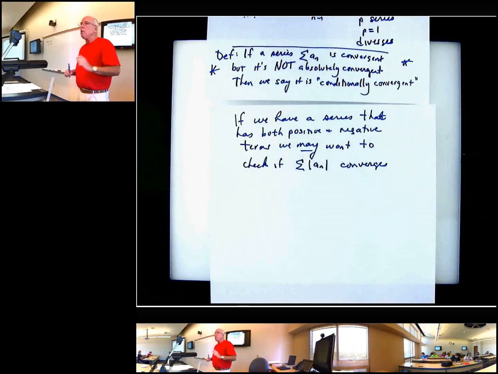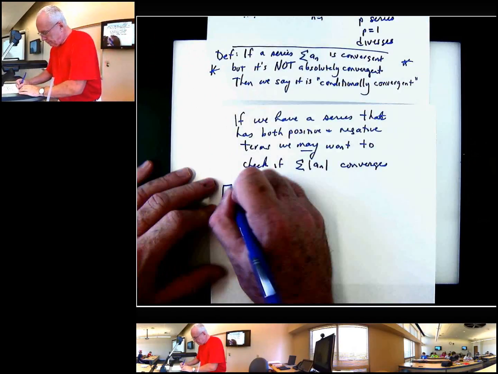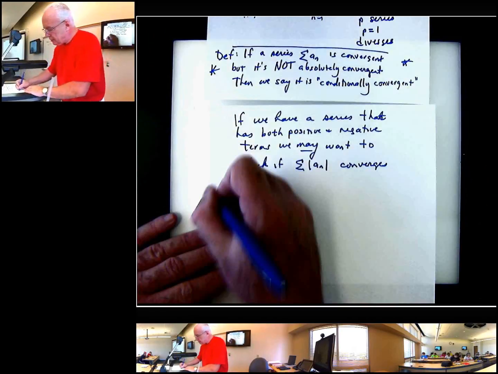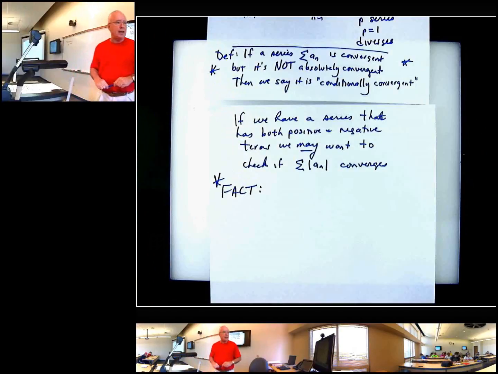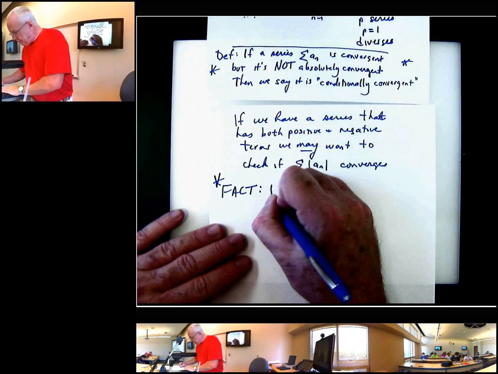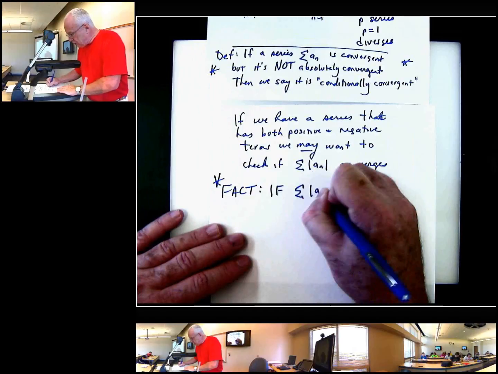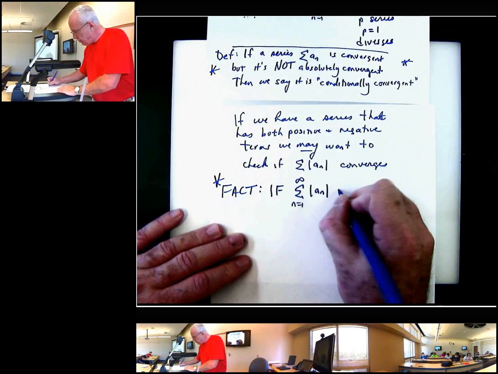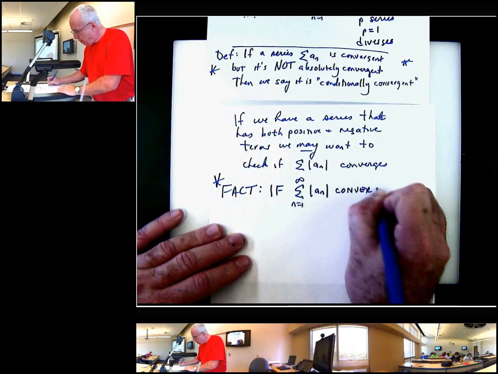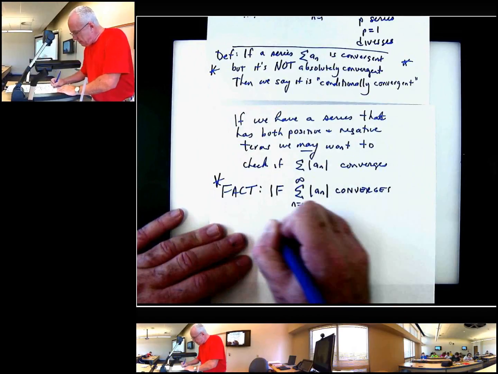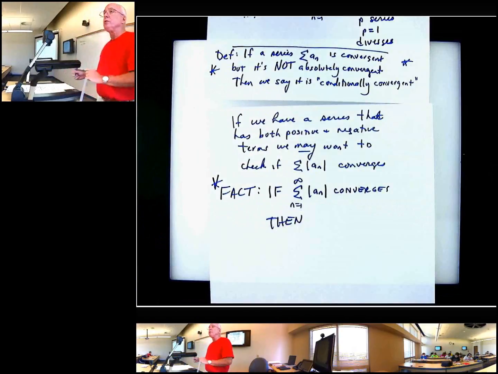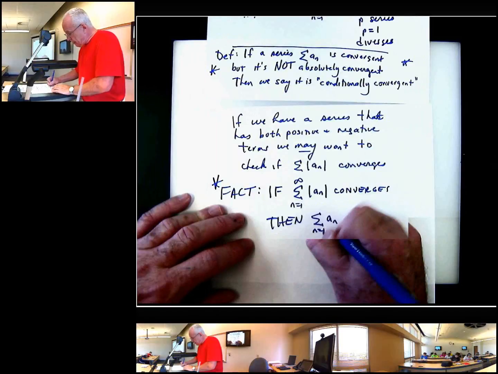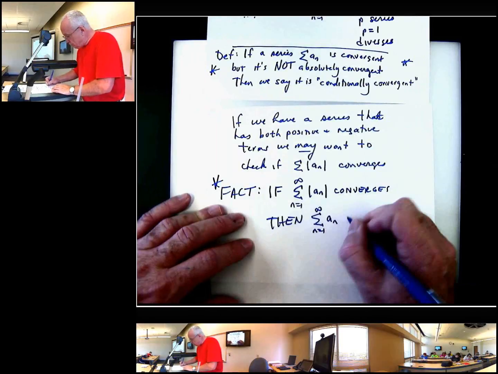And why might we want to do that? In fact, I'm going to put an asterisk by this particular fact. If the summation of the absolute values converges, then the original series also will converge. Then the summation of a sub n, n equals 1 to infinity, will also converge.